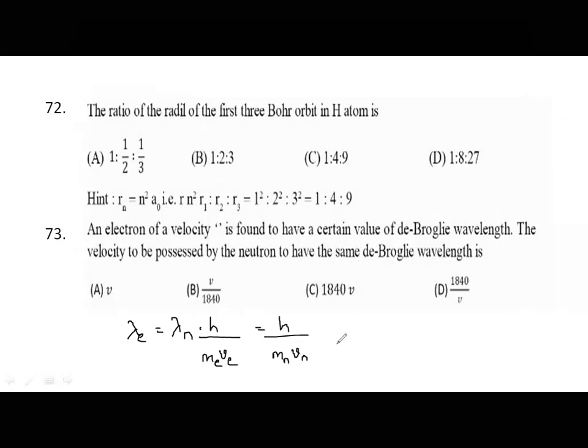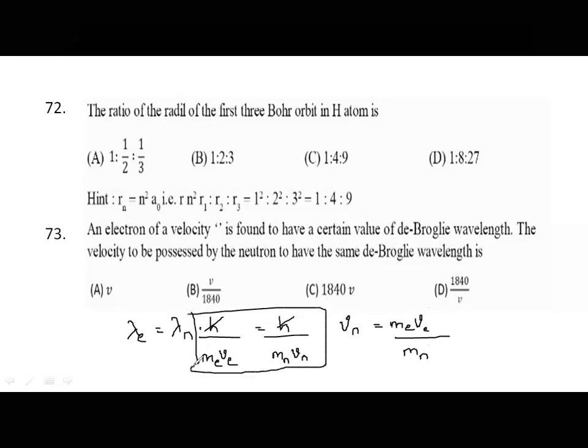So I can find the velocity of neutron as mass of electron into velocity of electron divided by mass of neutron, because h gets cancelled.